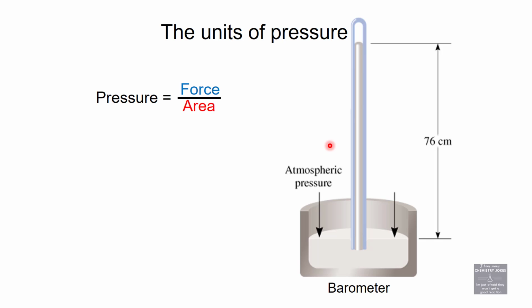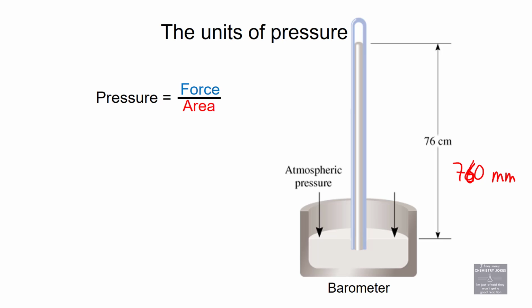That tells us how much pressure the gases in the atmosphere are exerting on that barometer. If we say they exert enough pressure to raise that mercury by 76 centimeters, 76 centimeters is also known as 760 millimeters.